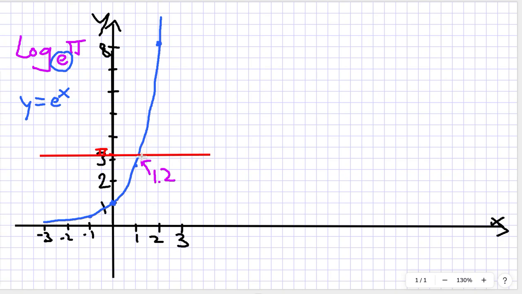It's not even a quarter. A quarter would be halfway in this box. So I'm going to say 1.2. So that means that this right here is approximately equal to 1.2.